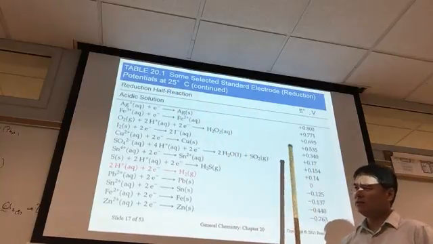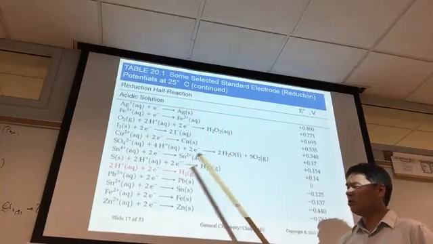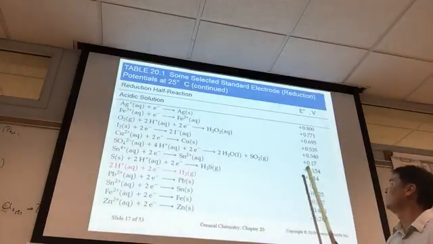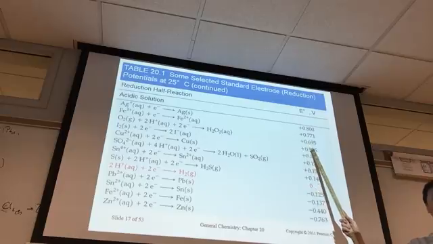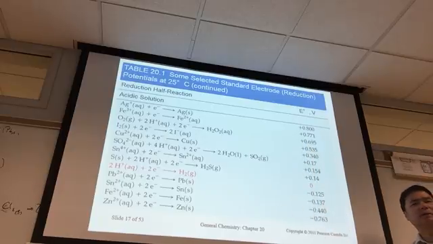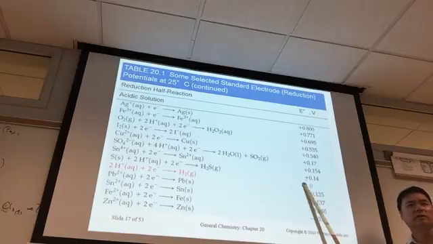In the chart, there are 3 or more non-standard potentials, and it's not E naught, it's just E, with a little asterisk. Those are for pH 7. Those are the neutral ones, and those voltages are different. None of these are for neutral, including the one they're showing here.